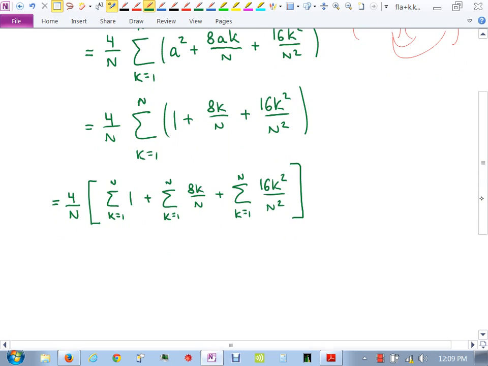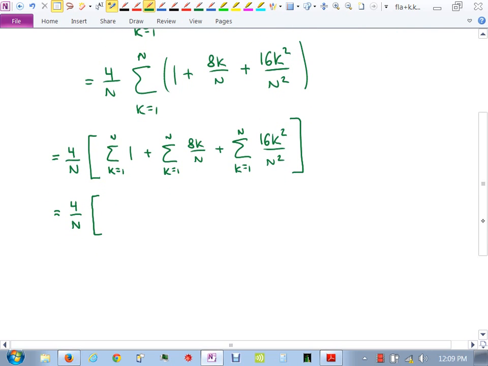So just split it into 3 sums. Your hand might begin to hurt a little bit if you're not used to writing this sort of stuff over and over.